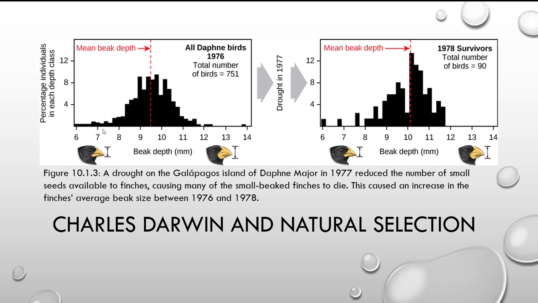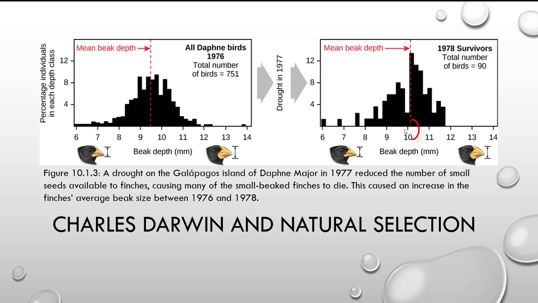So they ended up dying off, okay? And so they came back in 1978 and performed the survey again. This time they only had 90 birds that they were able to find. And they did the same thing where they measured the beak depth of those birds and graphed them.